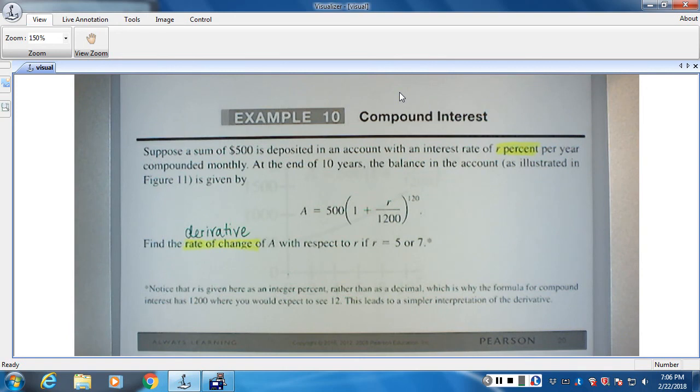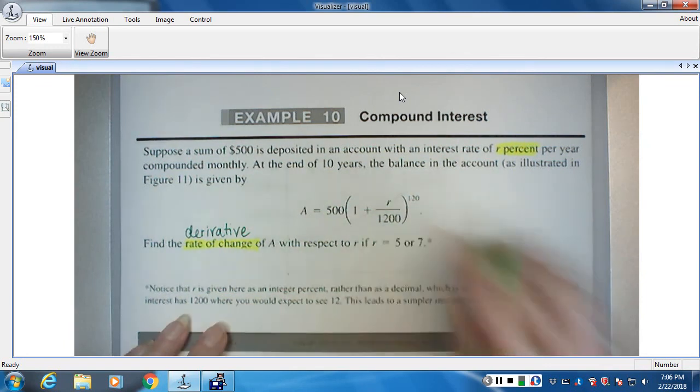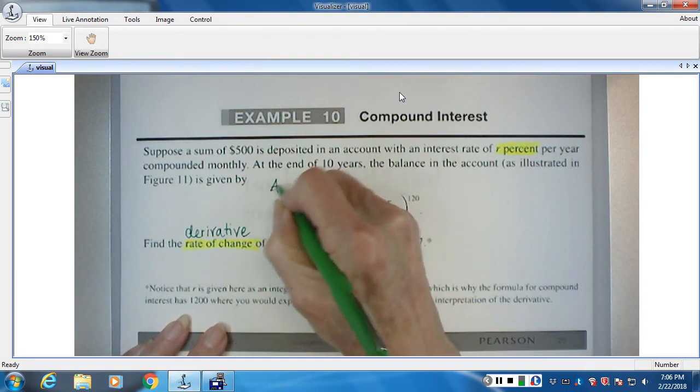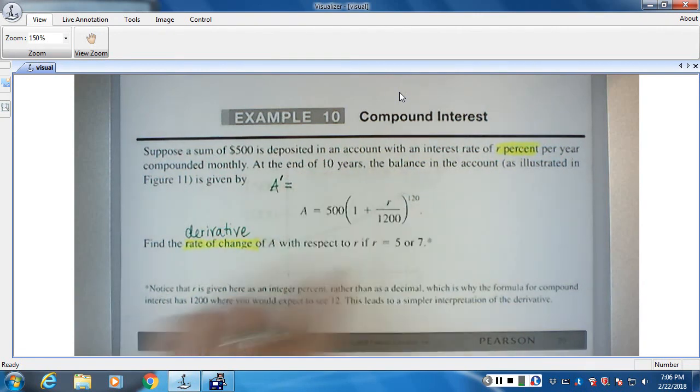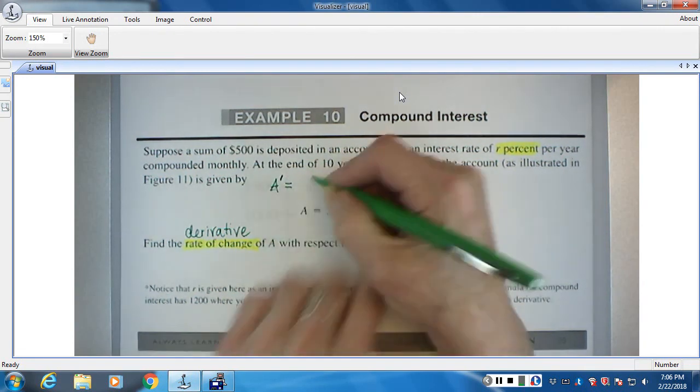That's right. We need to pull the power down in front, drop it by 1. But because we have a function inside that power, we have to do a chain rule. Okay? So we're going to find A prime. So we're going to bring 120 down front.